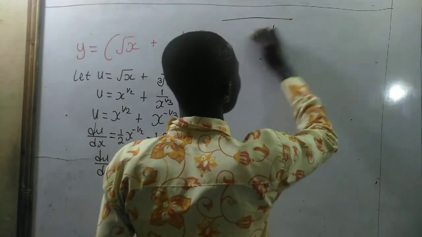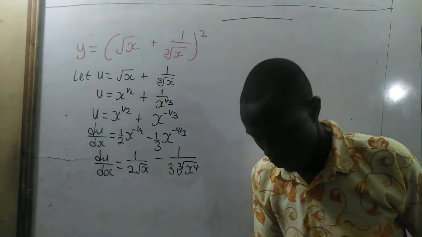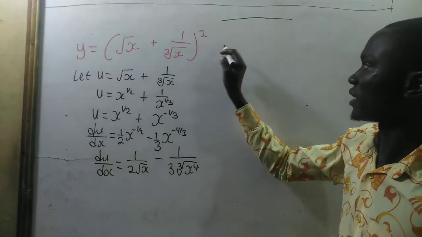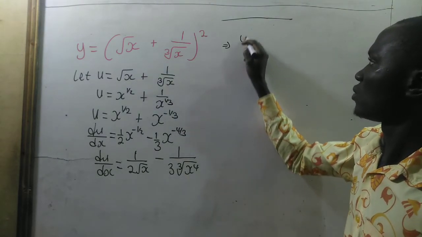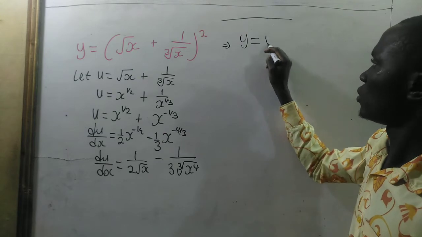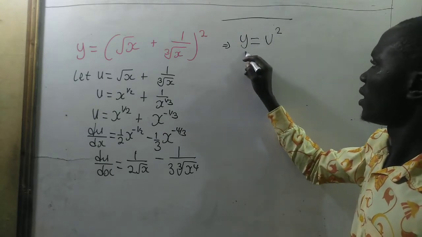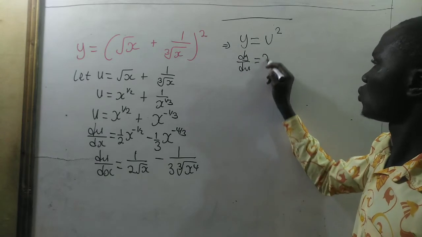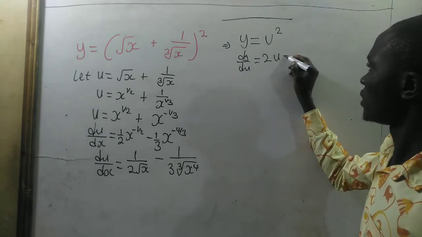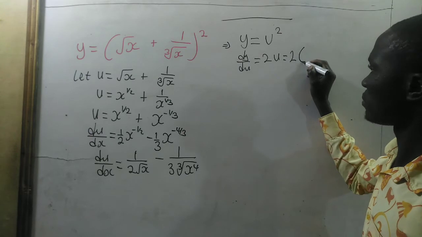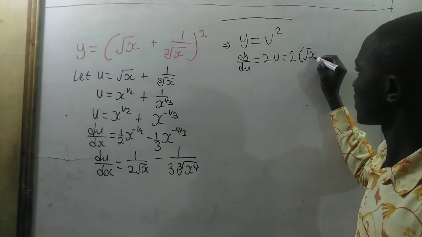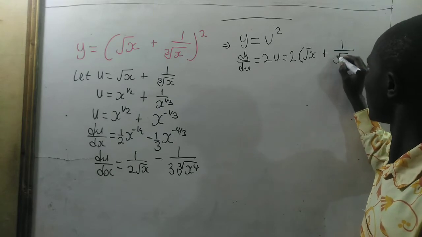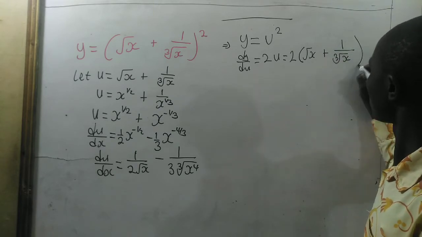Let's continue. You found du on dx. So let's find the rest. So here we are going to take u equal to the inner function, so this implies that y is equal to u to the power 2, and here dy on du is equal to 2u, which is the same as 2 times root x plus 1 divided by the cube root of x.